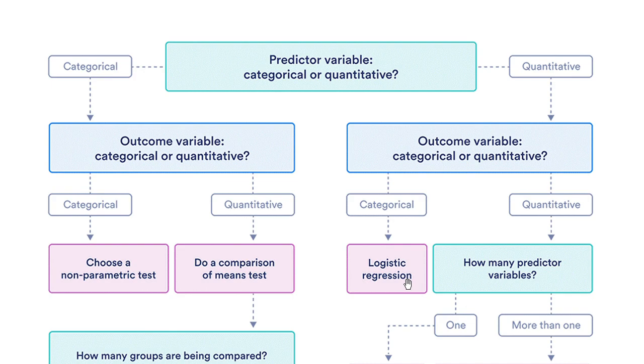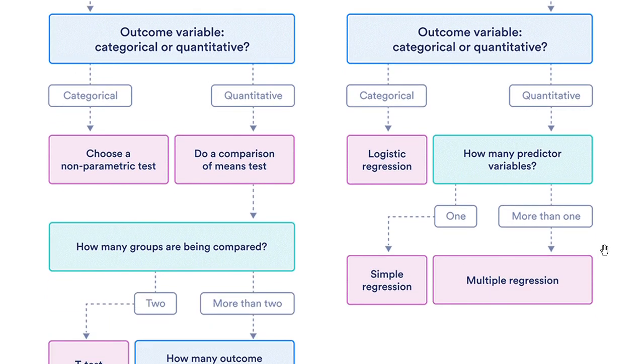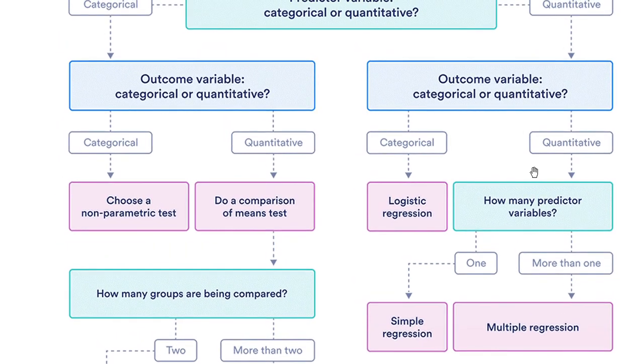This means the independent variables are trying to predict the categorical dependent variable, and I should use logistic regression. But if my dependent variable is a quantitative or ratio scale variable, then I should again ask myself how many predictor variables I have. If one, I should go for simple regression. If more than one, I should go for multiple regression. So this is the decision making I should do in such a scenario.